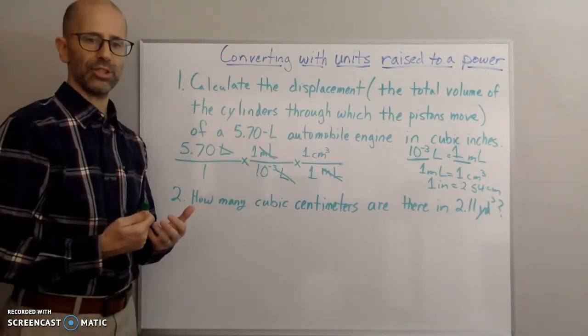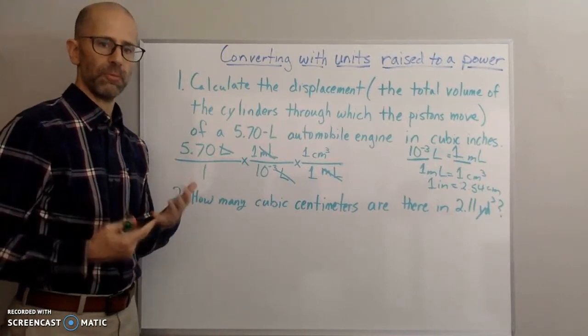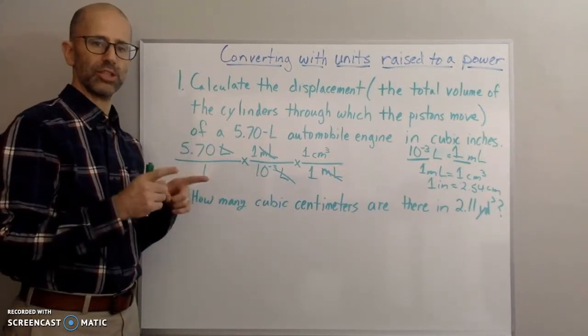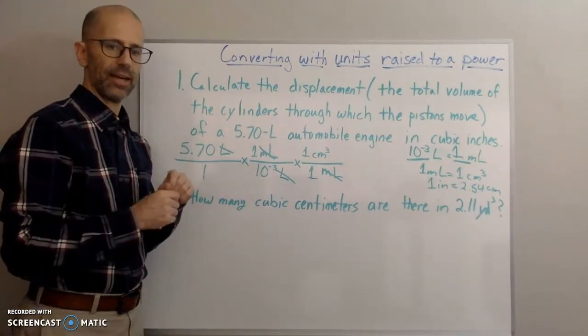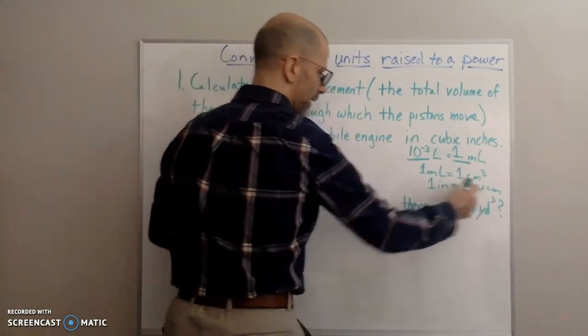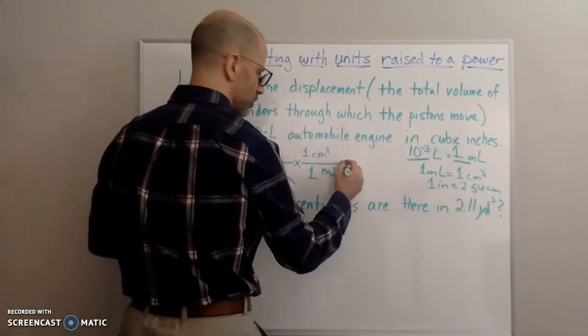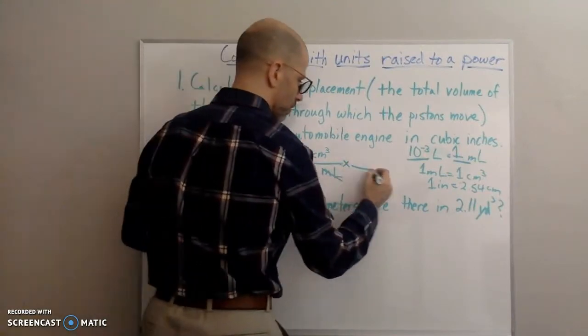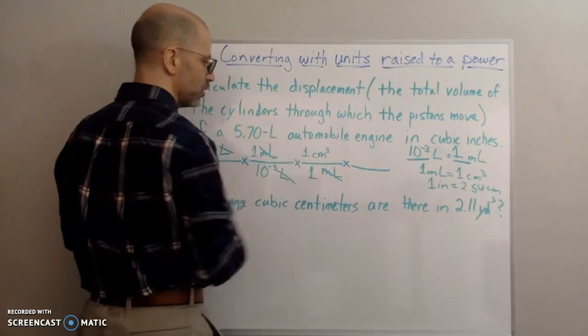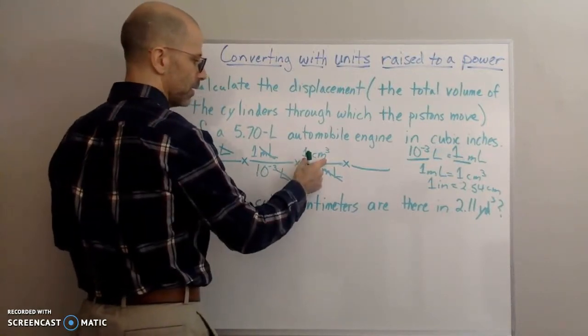I need inches cubed. So what do I do? You first start with the relationship between inches and centimeters. So here I have my inches and my centimeters, so I'm just going to use that. Okay? So I have centimeters cubed here.